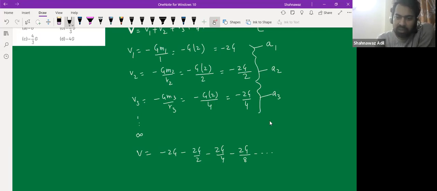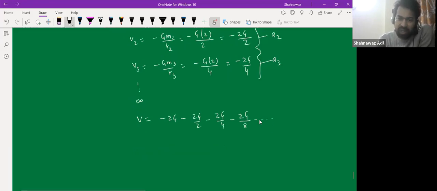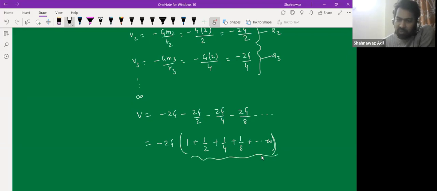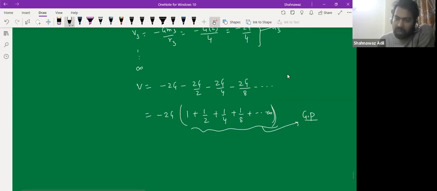So this is the thing that you are getting, and let's say I take out the minus 2G form. This is 1 plus 1 by 2 plus 1 by 4 plus 1 by 8, and so on, up to infinity. So this is what we call a geometric progression, GP, in which you have a common ratio.